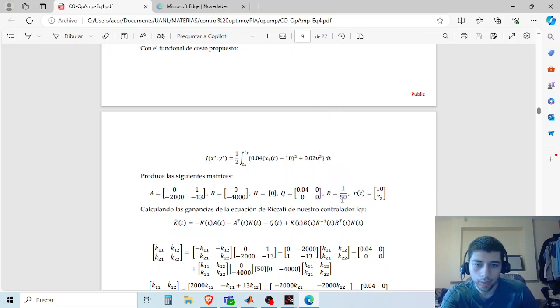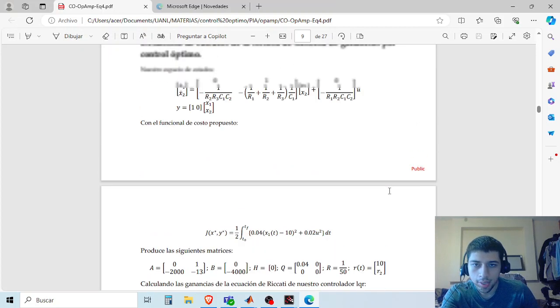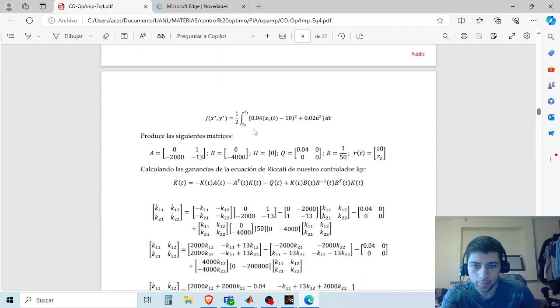And our R matrix is just a scalar value, represented as 1 over 15. And our reference matrix is just the 10 volts reference for the first value, and we don't have a reference for the derivative of the output value, which is the x2.